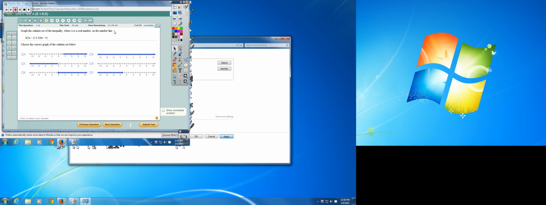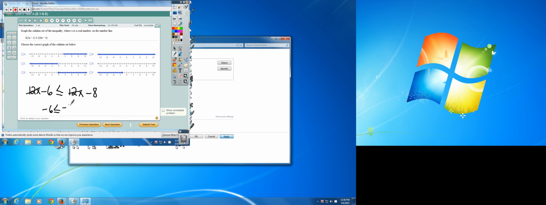Okay, bring it down a little bit. So, distribute, that's going to be 12x minus 6 is less than or equal to 12x minus 8. 12x is canceled, and you get negative 6 is less than or equal to negative 8.